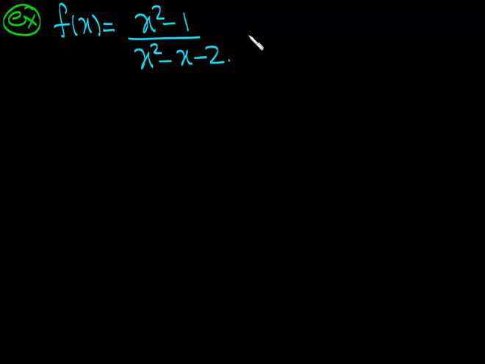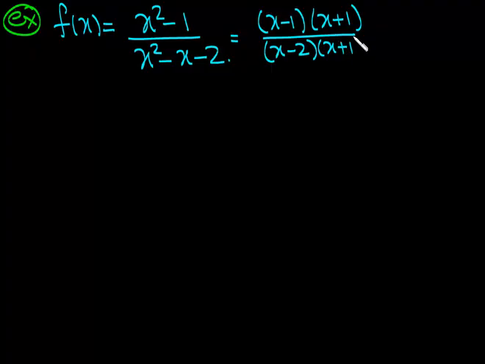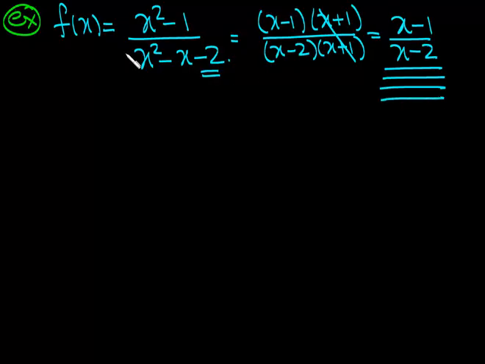Okay, so in this case I want to graph this rational function, polynomial on the top and bottom, so I factor the top, 1 minus x, 1 plus x, and I factor the bottom. I get x minus 2 and x plus 1. You can see two numbers, when you multiply you get negative 2: negative 2 times 1 is negative 2, and when you add you get negative 1. So these cancel, so we are down to this. So once we simplify this, this is what we are graphing, not this. Do you guys follow? Because we simplified it.